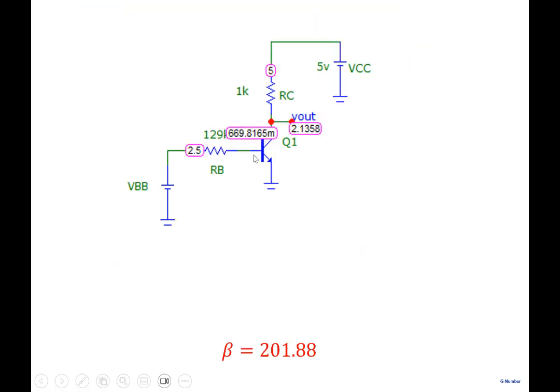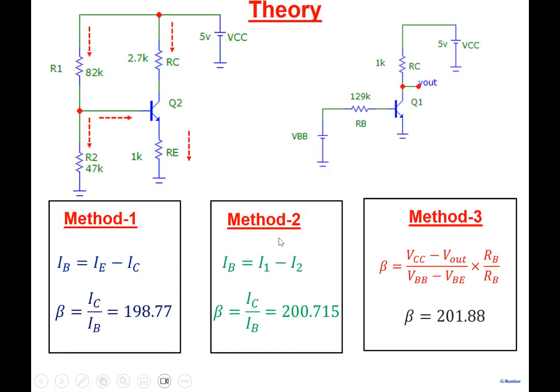As an example, you apply 2.5, you get 2.13 here, 0.669 base voltage here, and you calculate beta equal to 201.88. All three methods seem to be working fine. In theory, methods 1, 2 and 3 all give the right answers, and the small errors are mostly because of the number of significant digits we have taken.